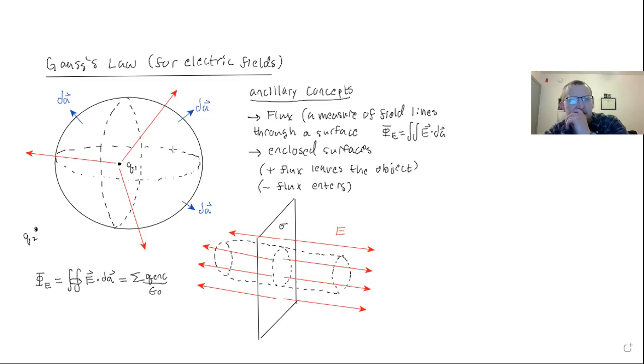And we see that there's definitely, assuming this is a positive charge, if it's negative, the arrows would point in and terminate at Q1. But we're just going to focus on positive charges right now. So we can see that there is a positive flux created through the enclosed surface by this charge. Of course, if it was, say, a negative charge, then there would be a negative flux.